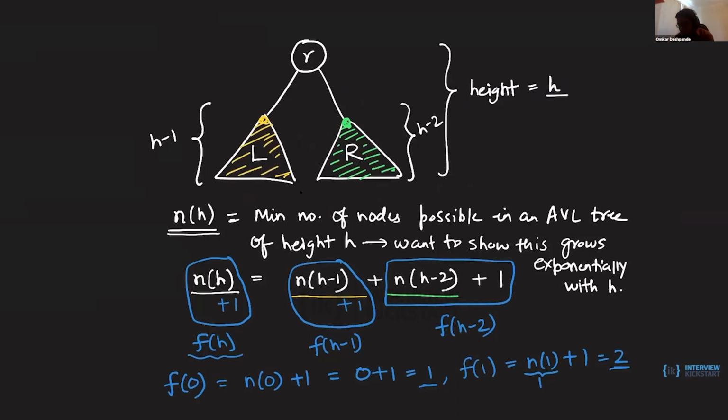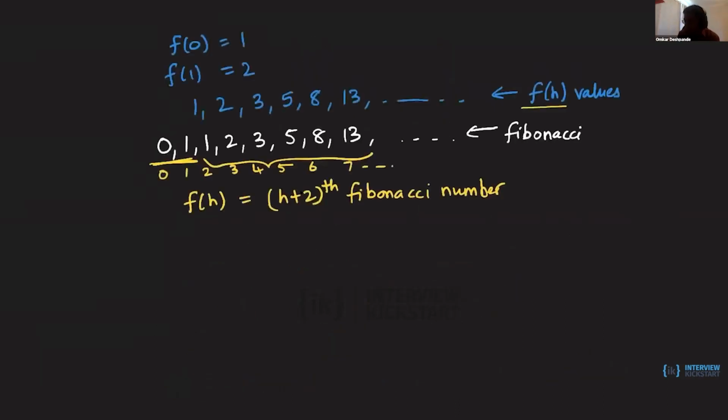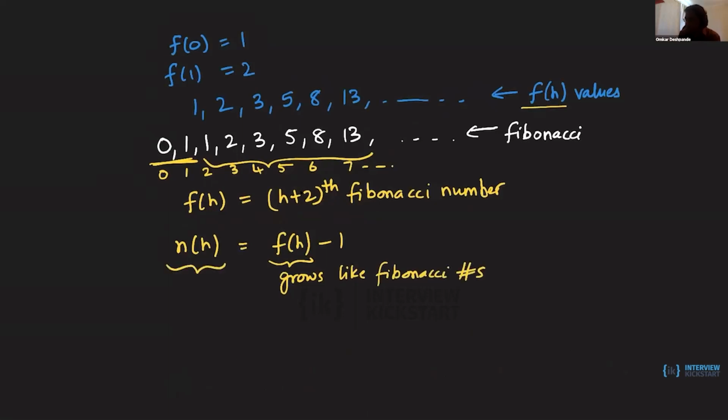And since n of h is just 1 less than f of h, if this grows like the Fibonacci numbers, n of h will also grow like the Fibonacci sequence.